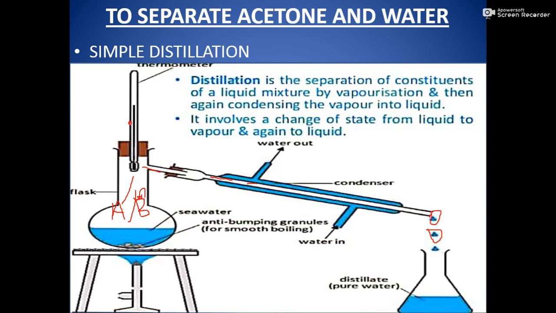Then we increase the temperature, and for example now it will be stable at 90 degrees Celsius. Then the vapors of that liquid will come out from the condensation tube. But because I have taken only the example of two liquids, one liquid can be obtained in this beaker and the other will remain here.